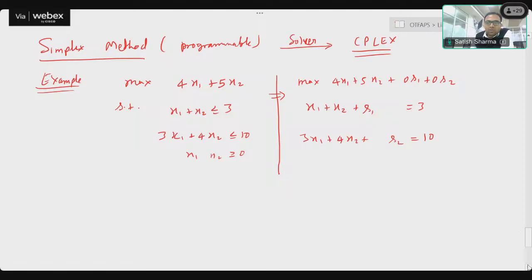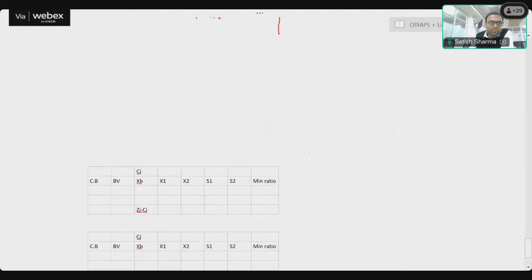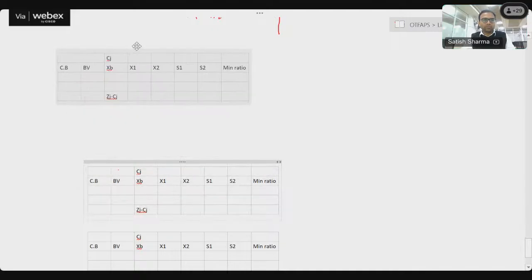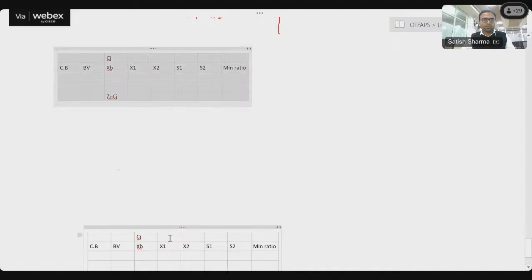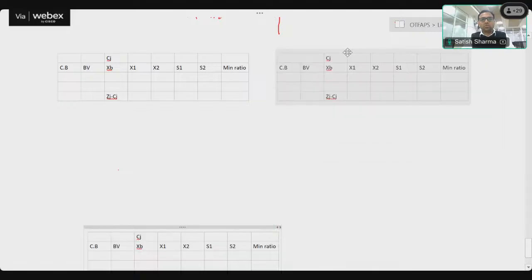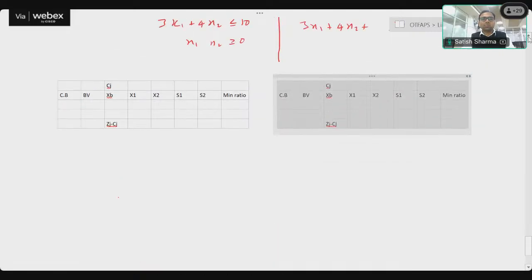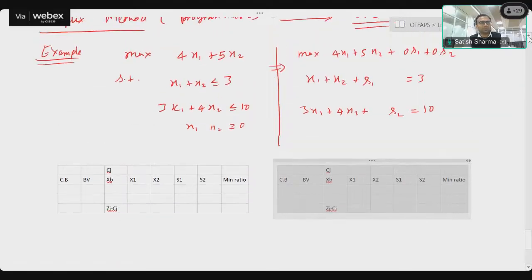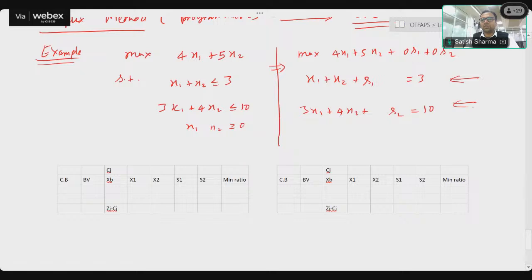Now, how can we use these formulations? There is a simplex table which I'm going to use. I have already drawn it earlier. For this particular problem, I have to first define these two equations, equation 1 and equation 2.